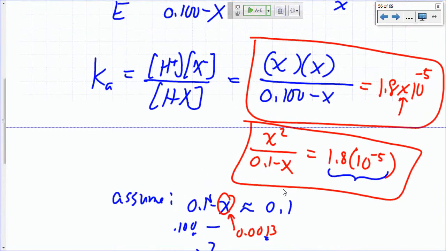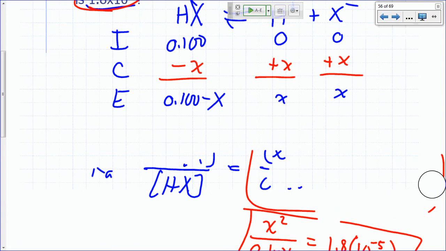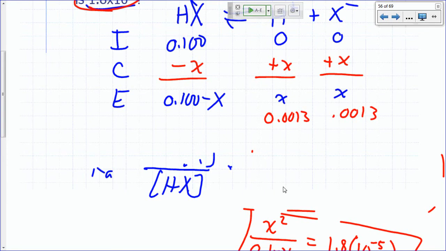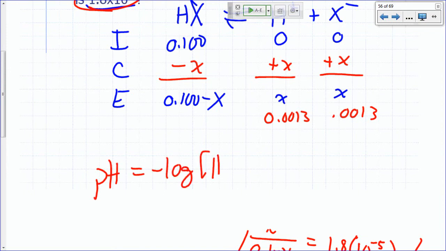So going back to the question, we now figured out what our X is, right? We figured out that this is equal to 0.0013. So what's our pH? pH is negative log of H plus at equilibrium, negative log of 0.0013.